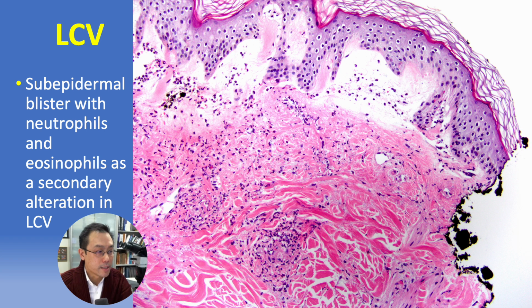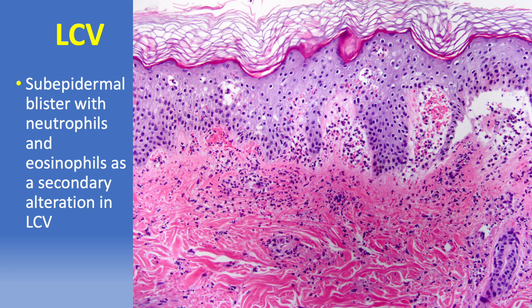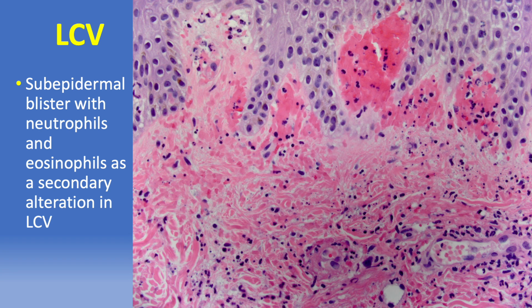And then secondly, to make sure you look at the underlying blood vessels and hopefully, in most cases, see the diagnostic changes of LCV that are not a feature of any immunobullous disorder. Sometimes subtle, yet present.